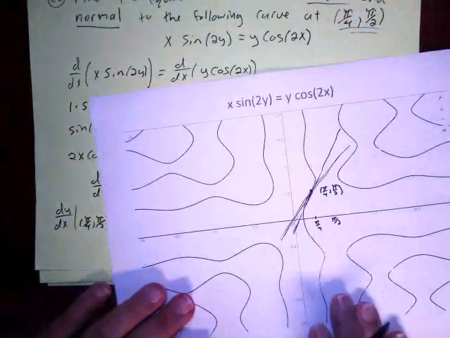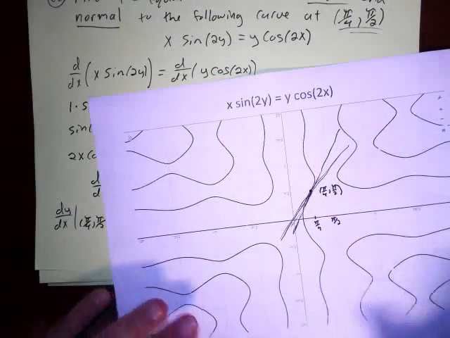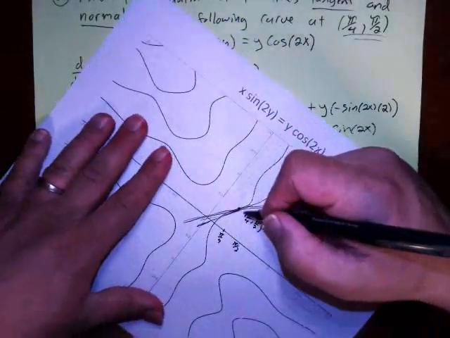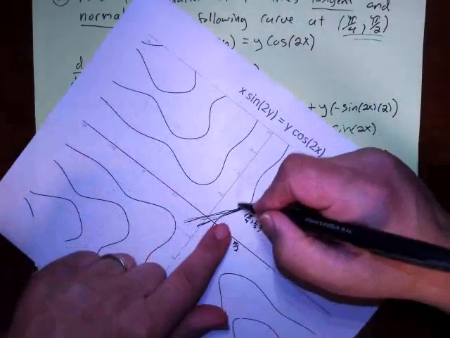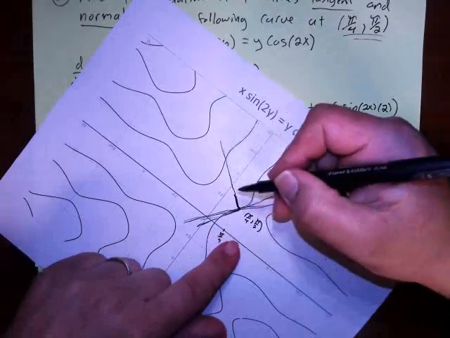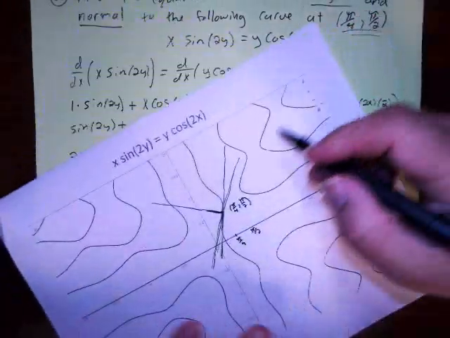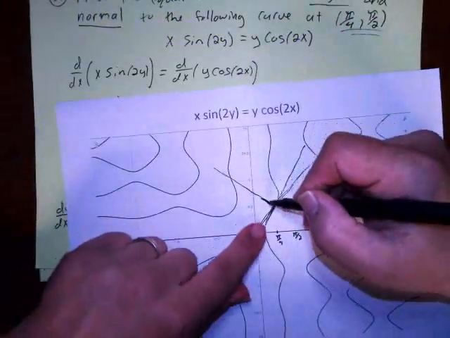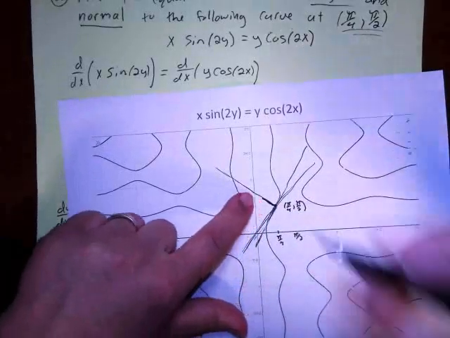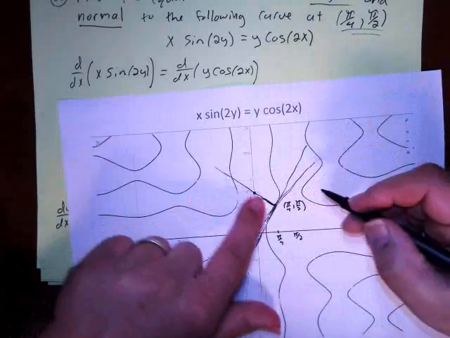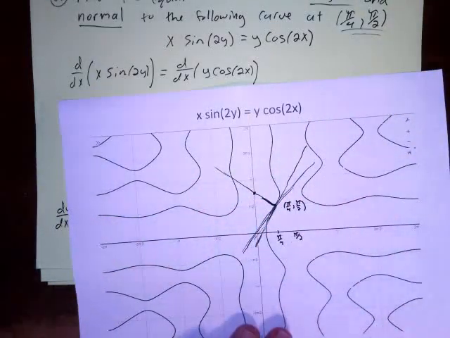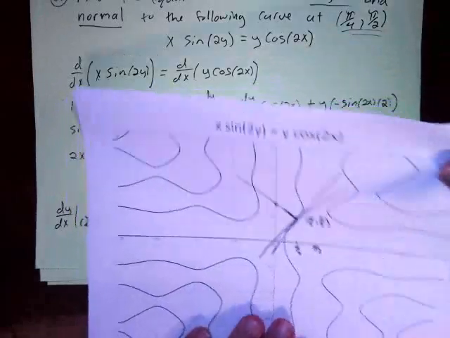And so let's see if this makes sense. One that's perpendicular is kind of like this, I guess. And 5 pi over 8, yeah, probably right about there. And the slope is negative 1/2. That would be 2. So that does make sense.